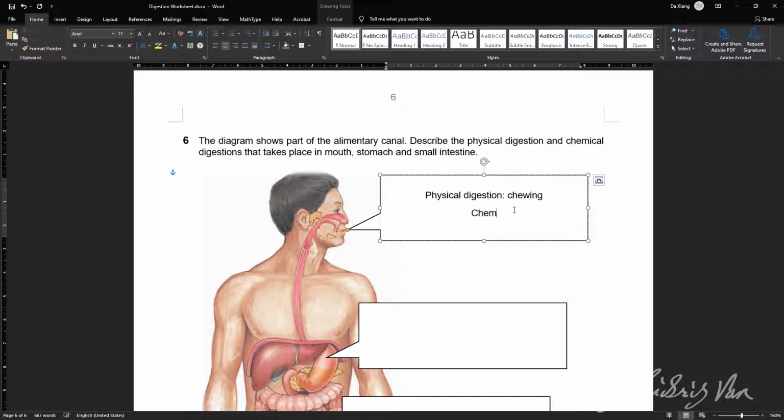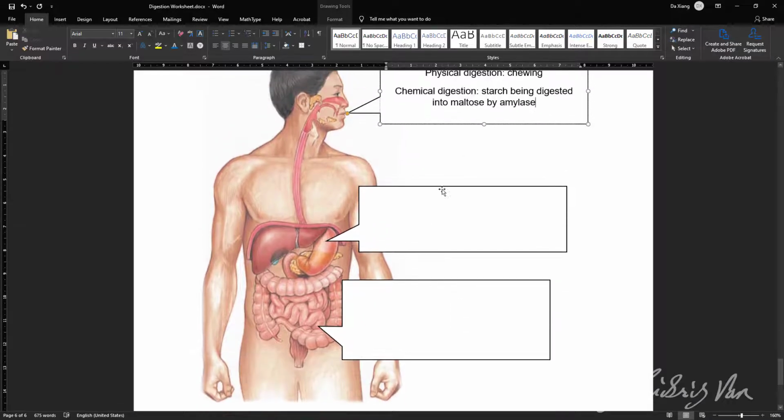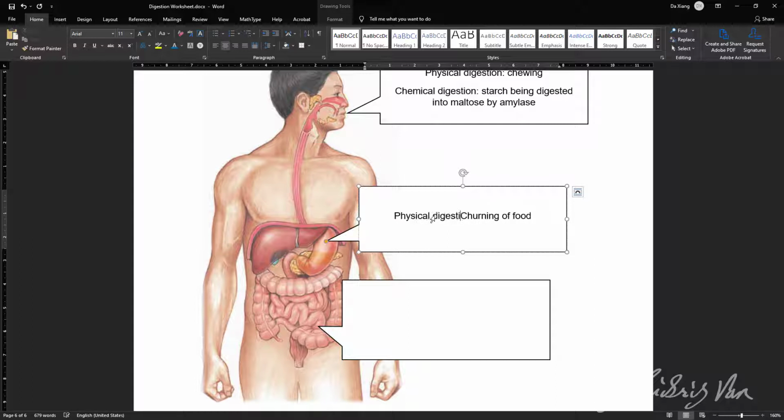Then chemical digestion, there is starch being digested into maltose by amylase. For the stomach, there is the churning of food. This one is the physical digestion, while chemical digestion is digestion of protein.